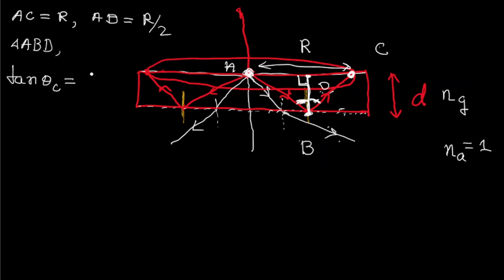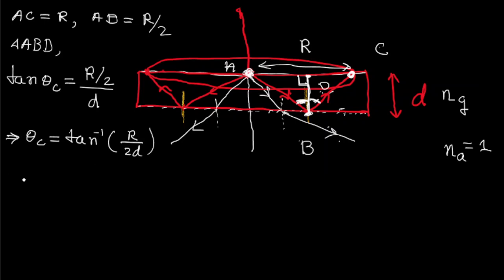Your perpendicular will be AD, that is R by 2, and the base here is the thickness of this glass plate, that is d. So from here we can write theta c is equal to tan inverse of R by 2d.